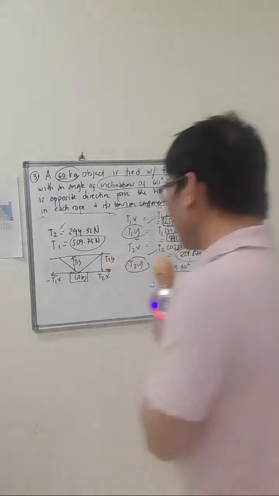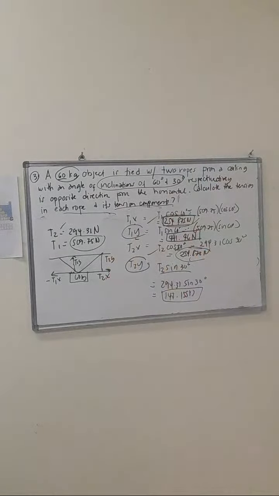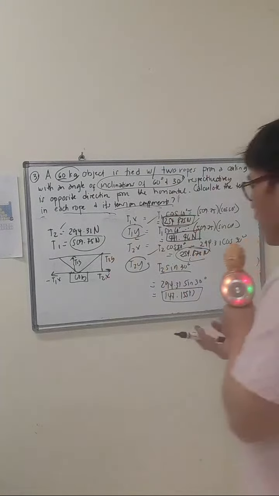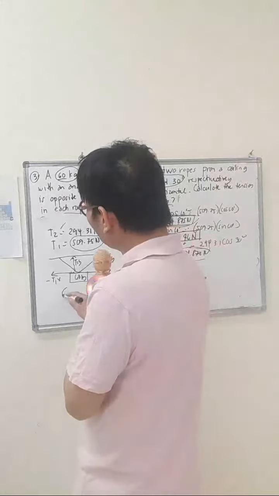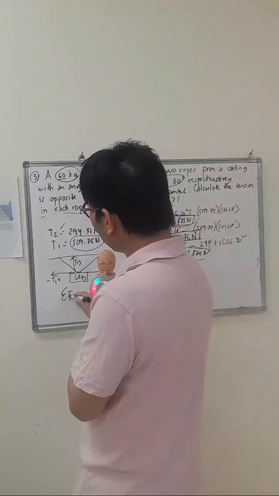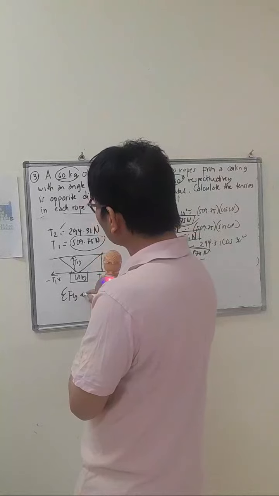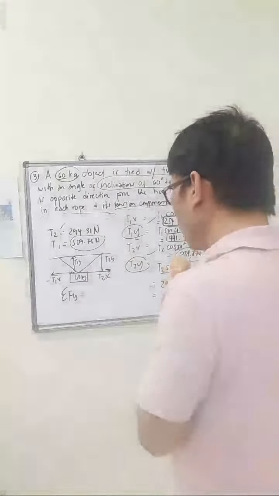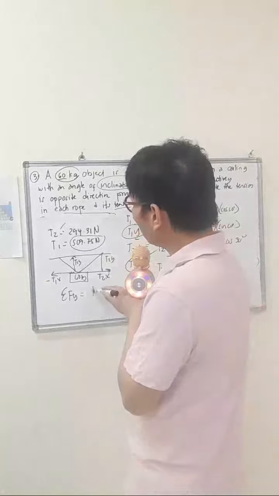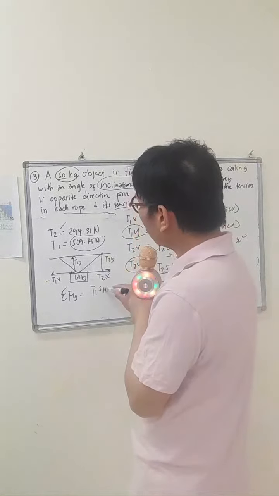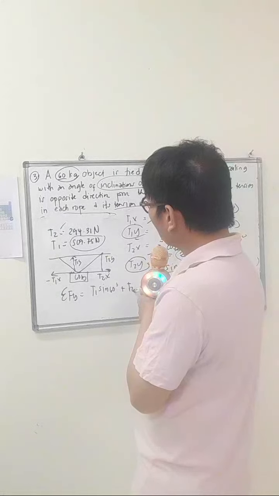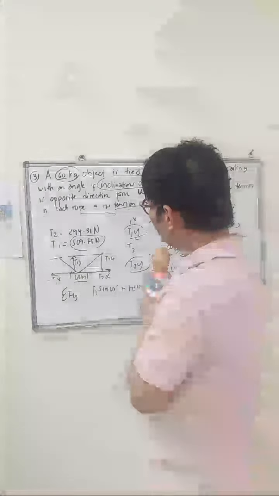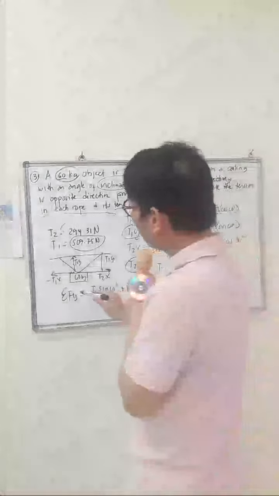Okay, so the net vertical force is equal to, going back to the equation before, T1 sine of 60 degrees plus T2 sine of 30 degrees, and then you have Fy.